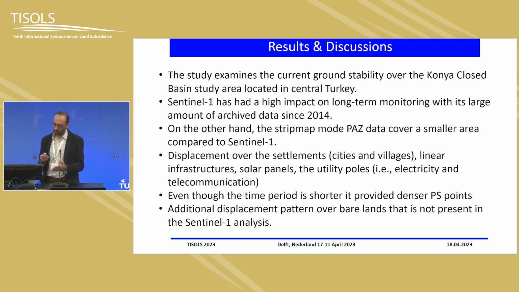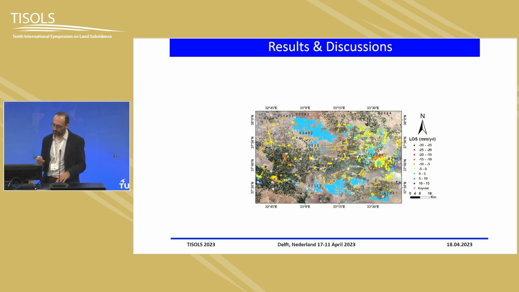On the other hand, PAZ data, even though it is covering a small region compared to Sentinel, has more points distributed, and the displacement over the sediments and linear infrastructure, solar panels, this kind of details can be extracted using this data and the outputs.